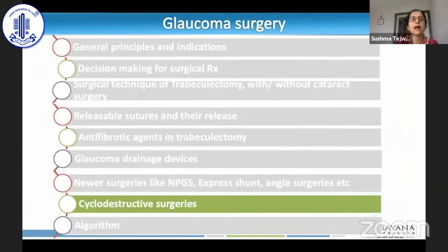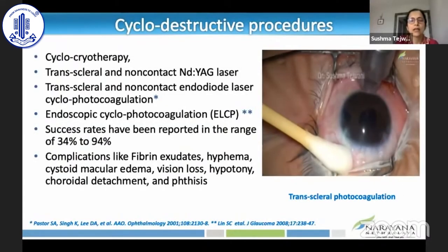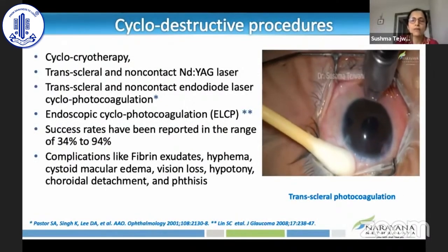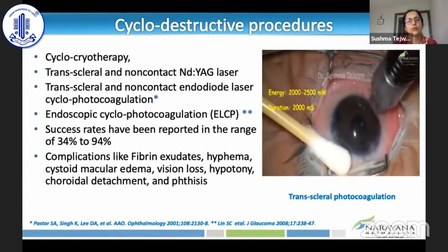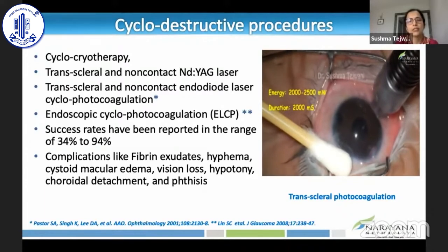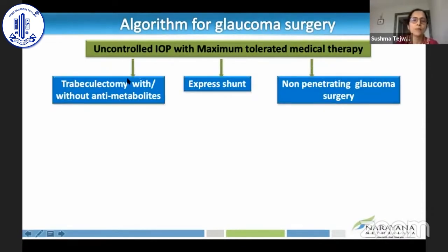Yeah. So I will just skip the cyclo-destructive surgery. These can be used as a last resort where there are non-seeing eyes or other surgeries are not possible. You need to keep in mind the complications. Well, just to come to the end, what is the algorithm for glaucoma surgery? If you have uncontrolled IOP with maximum tolerated medical therapy, these are the options: Trab, Express shunt, or NPGS.